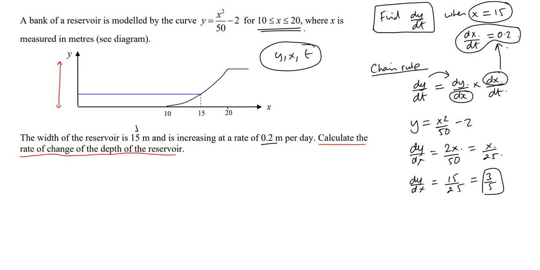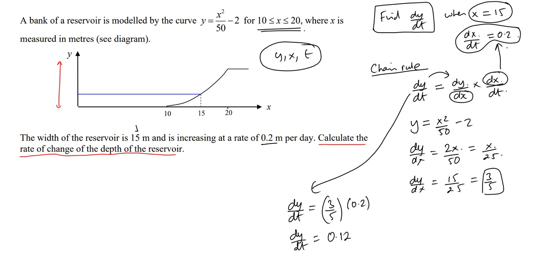So now we can go back to this and we can write dy by dt is equal to 3/5 times dx by dt, which is 0.2. And that comes out to be dy by dt, 0.12, and we put the units in now, which is meters per day.